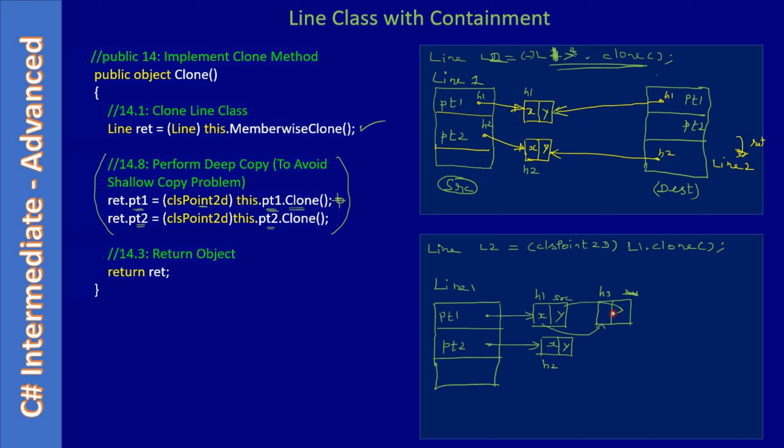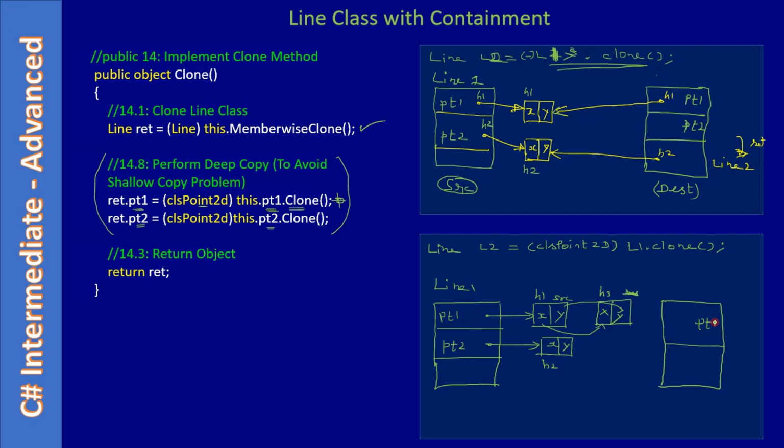The content will get copied, and the clone override of CLS point 2d returns this new heap location. We are typecasting that, and we are storing that on pt1 of the destination. Here we already have the destination, right?